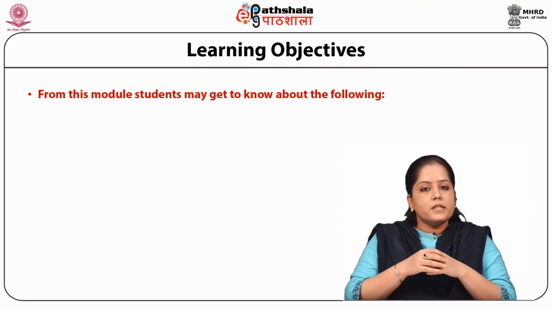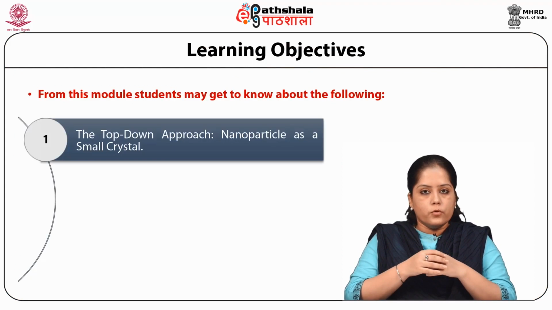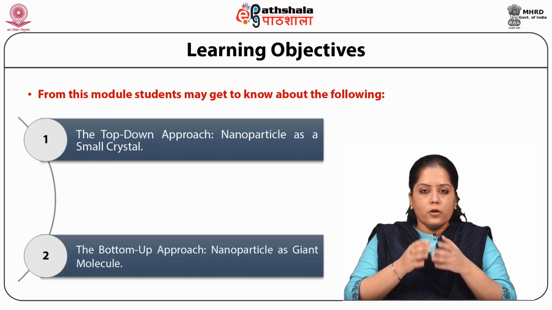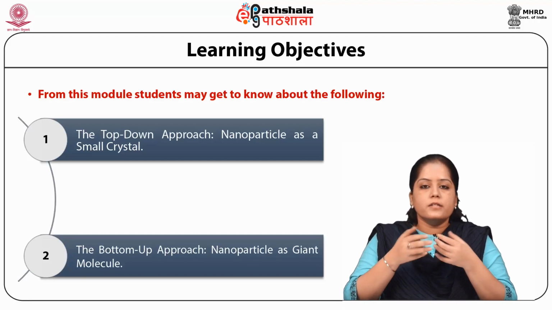So the learning objectives of this module are: first, we will discuss the top-down approach, that is, nanoparticle as a small crystal. Second, the bottom-up approach, nanoparticle as giant molecule.